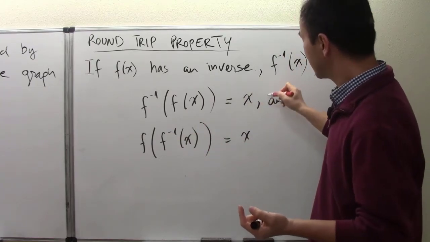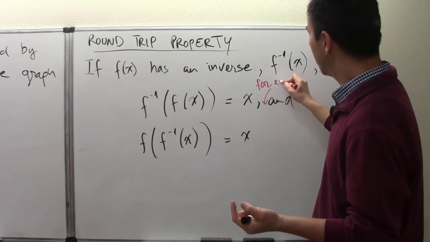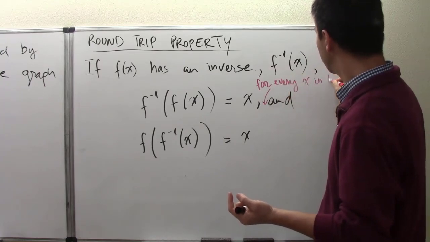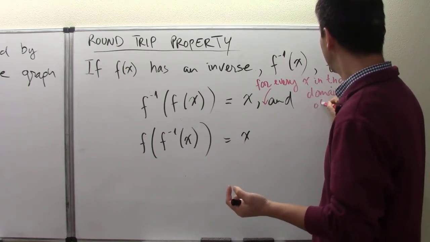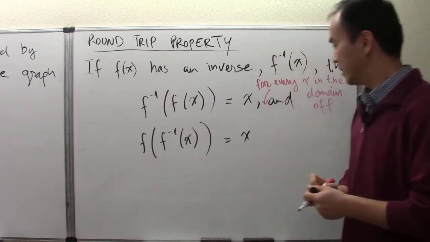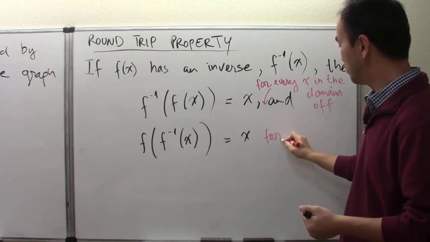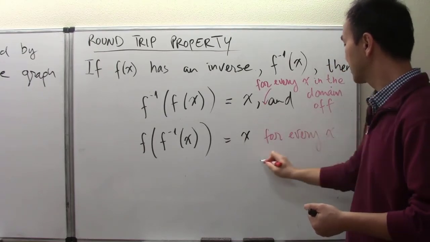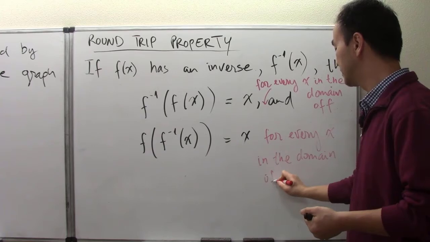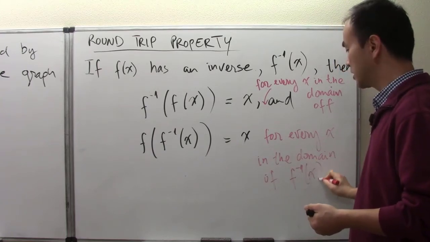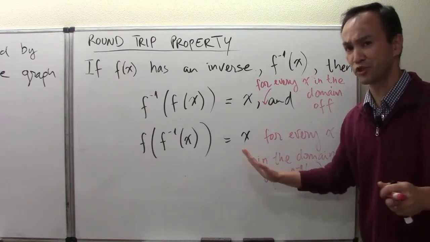So here I can add a line that says, for every x in the domain of f, and then this one is for every x in the domain of f inverse. I wrote this extra part not really to emphasize it so much yet at this point.